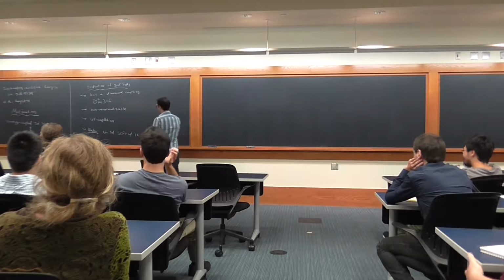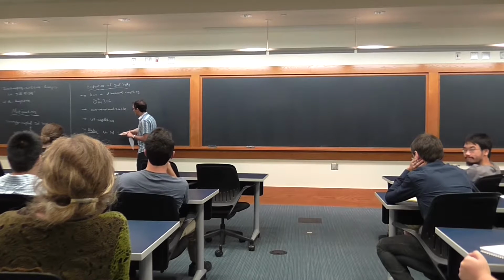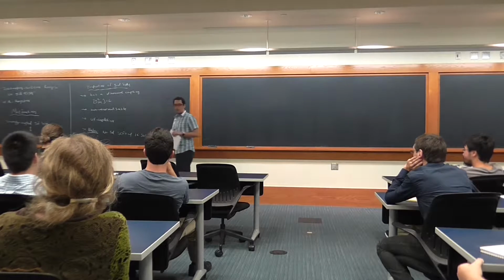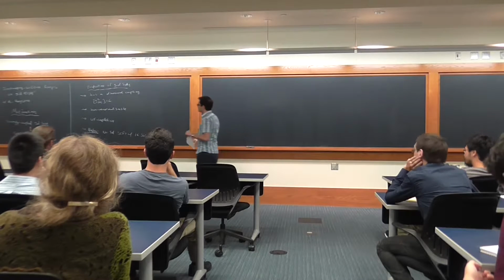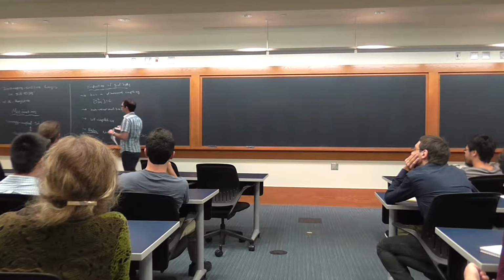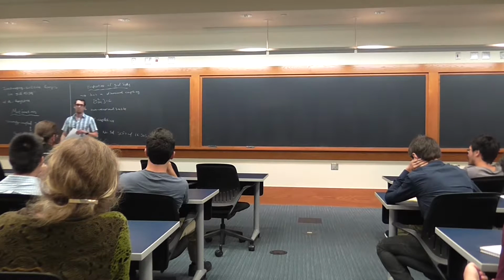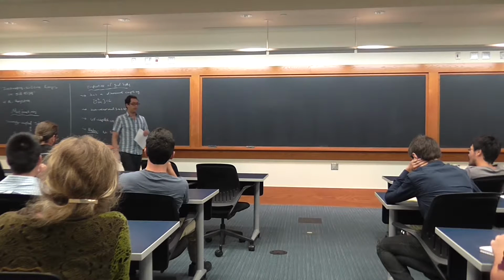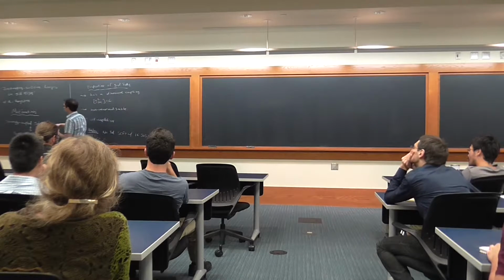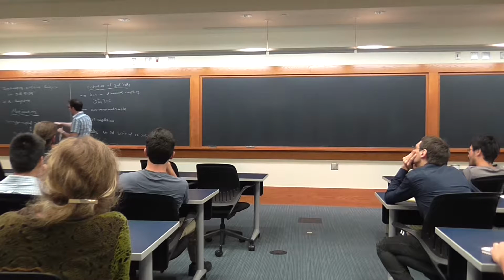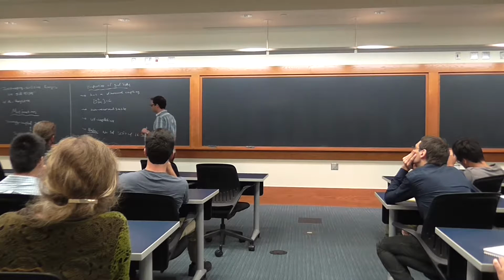And this relationship between this UV fixed point theory and 5D super Yang-Mills is naturally understood in terms of our string theory intuition. String theory tells us that the (2,0) theory is the low energy description of multiple M5 branes in M theory. At the same time, we know that 5D Yang-Mills is the low energy theory describing multiple D4 branes in type IIA string theory, and the two are related just by compactification on a circle.